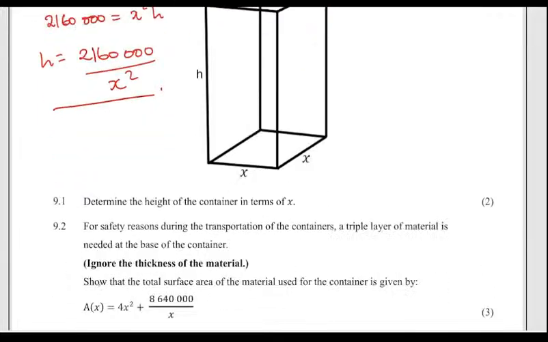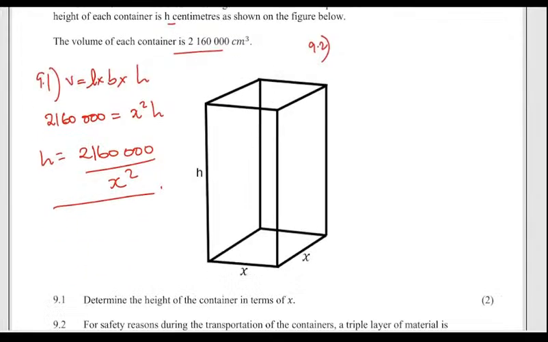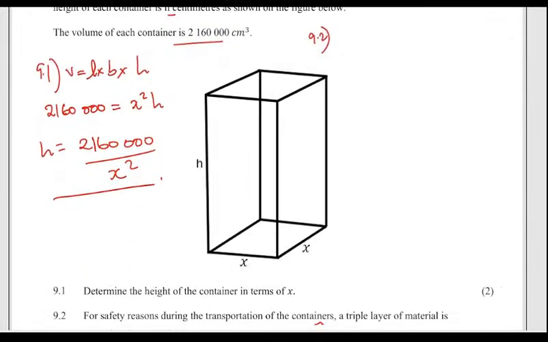9.2: for safety reasons, during the transportation of the containers, a triple layer of material is needed at the base. Ignore the thickness of the material. Can we show that the total surface area of the material used for the container is given as this? Now, this is a chemical container, which simply means that we need to cover it up. The top and the bottom need to be closed.